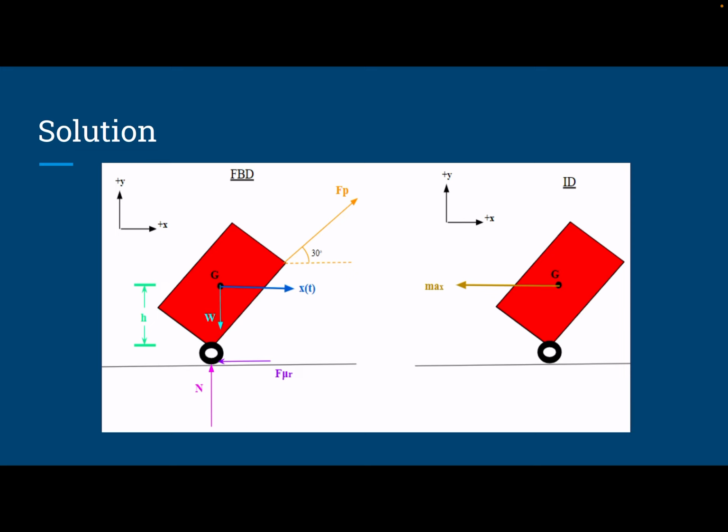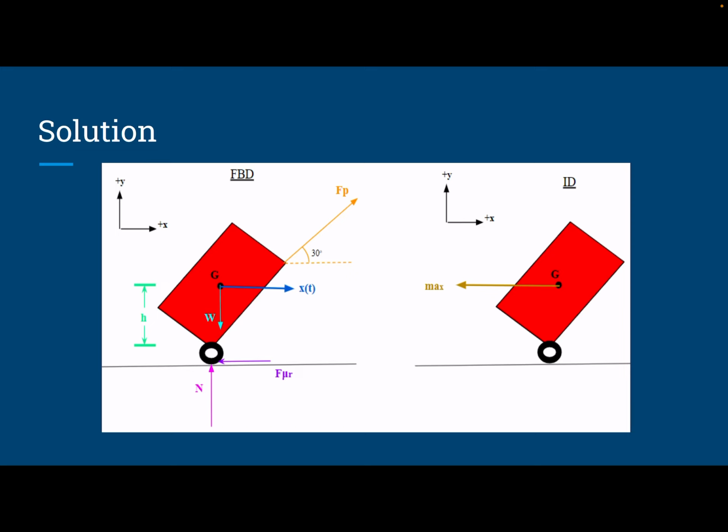So for the solution, we can go over both the force body diagram and the inertia diagram. In the force body diagram, the normal force is being applied upwards towards the wheels, and we are assuming that the force of static friction is pointing left at the wheels.